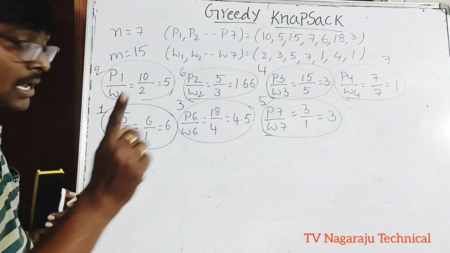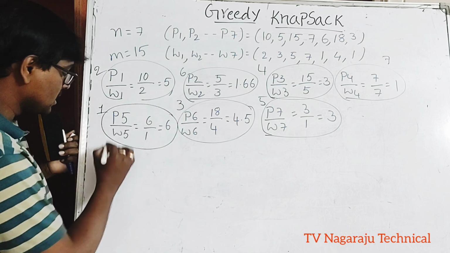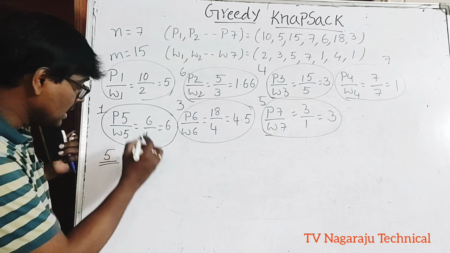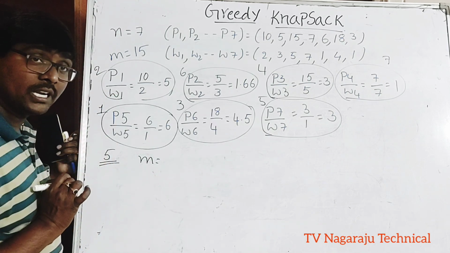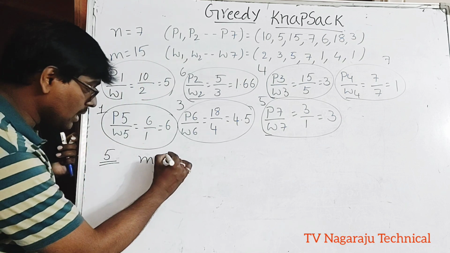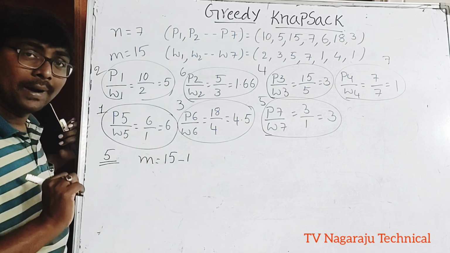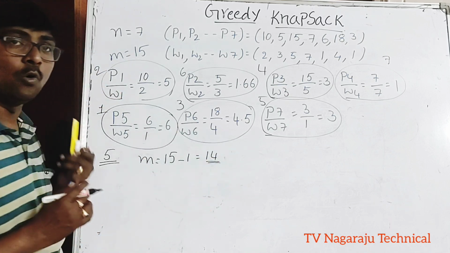Clear? Now place item by item. First I am considering the fifth object. What is the weight of the fifth object? 1. Initially, what is the capacity? 15. By placing the fifth item, 15 minus 1, the remaining capacity is 14.